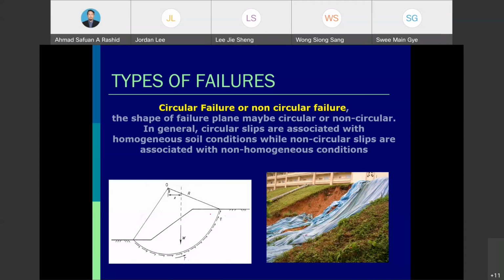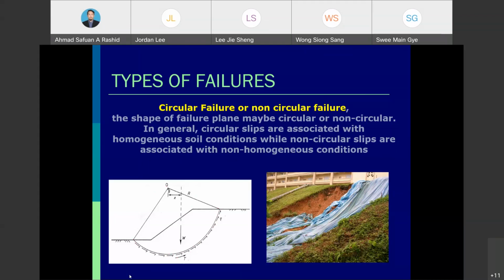This is what we call a method to analyze the circular failure, by drawing a circular arc on the slope structure.